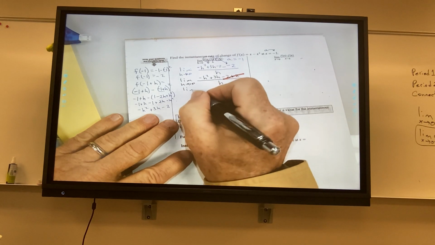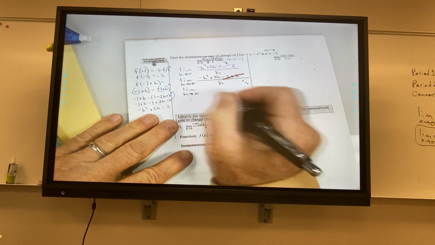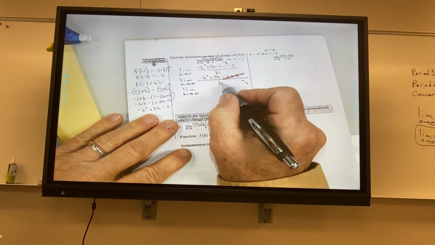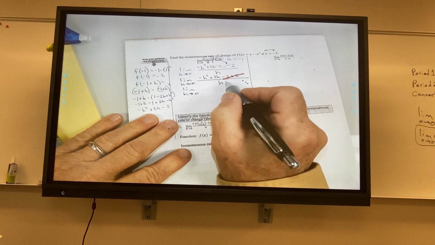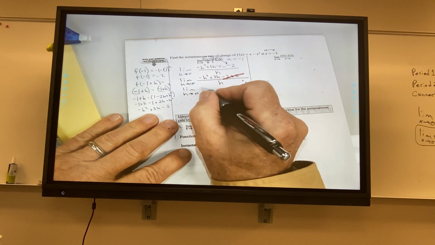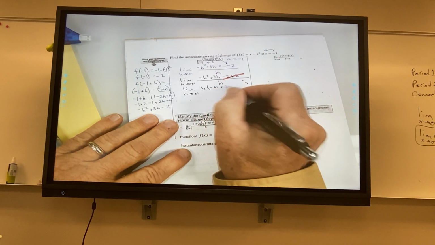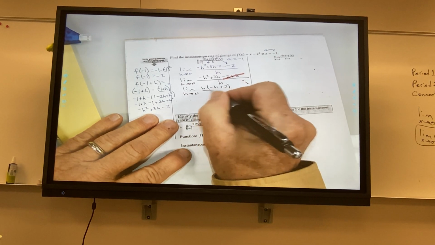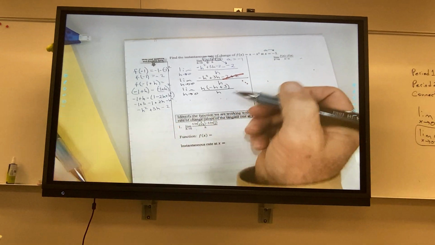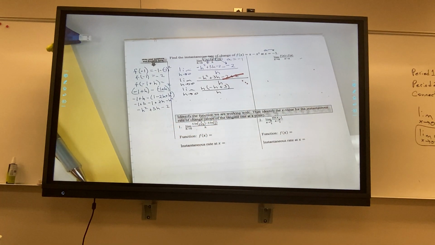Limit as h goes to 0. And Matthew was right. This h on the bottom is problematic. But I can factor out an h here, and I get negative h plus 3, over h. That 0 is a hole, correct?